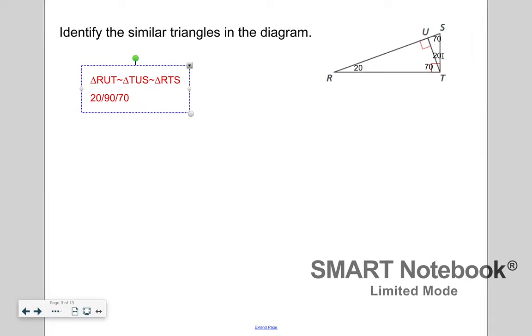So when I wanted to compare it to this, I went 20-degree angle, vertex T, 90-degree angle at vertex U, 70-degree angle at vertex S, and then when I went to the large, the 20-degree angle was written first, the 90-degree angle second, the 70-degree angle third.